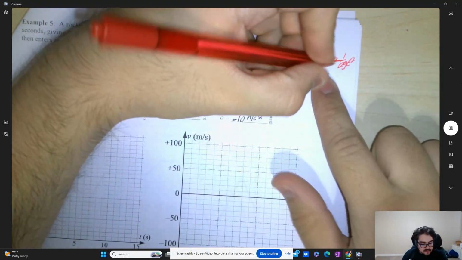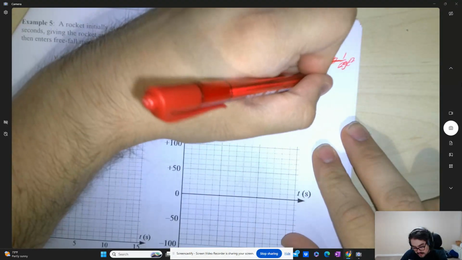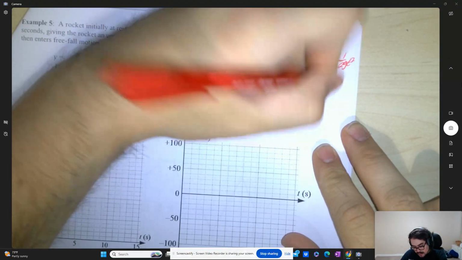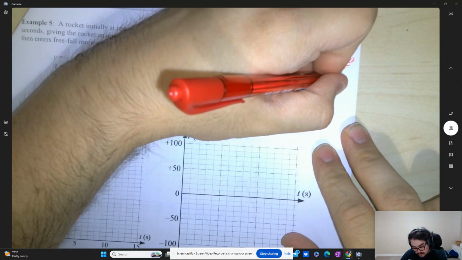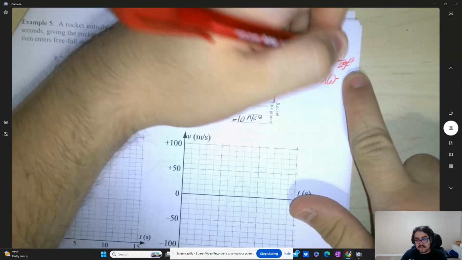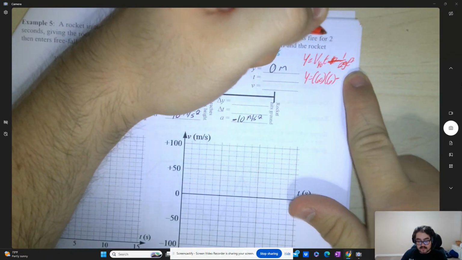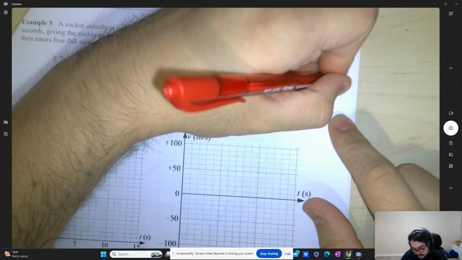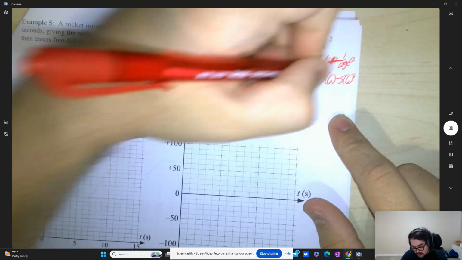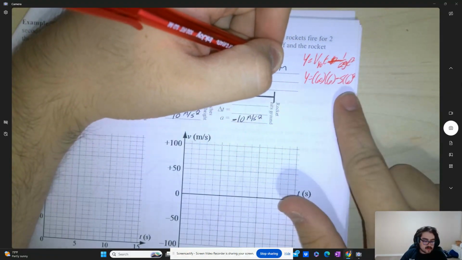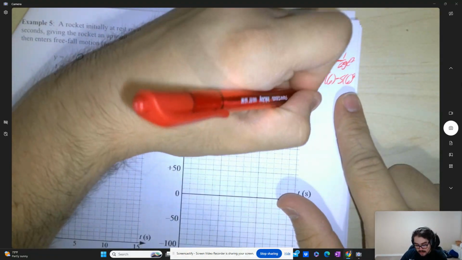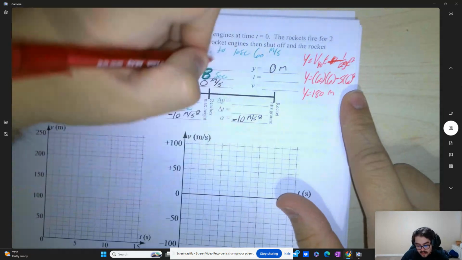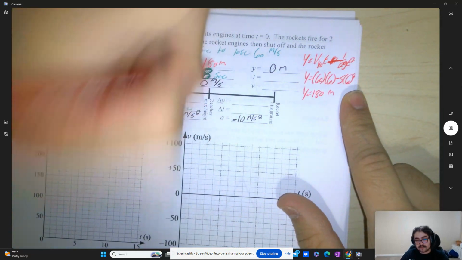Our initial y velocity is 60 meters per second. We do this for 6 seconds, and then we subtract 5 times t squared, with t being 6 seconds. When you subtract the whole thing, you should end up getting about 180. So the highest point that it reaches is 180 meters.